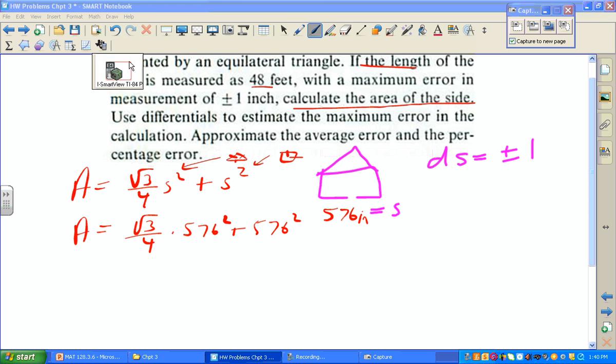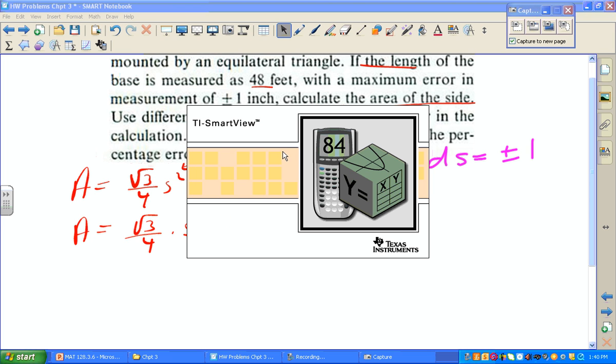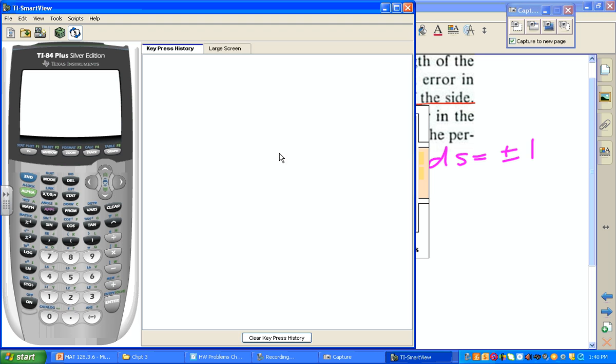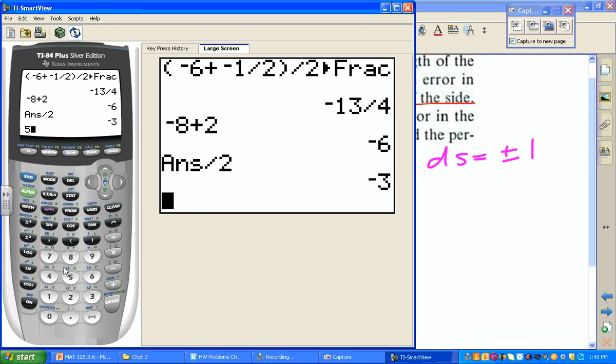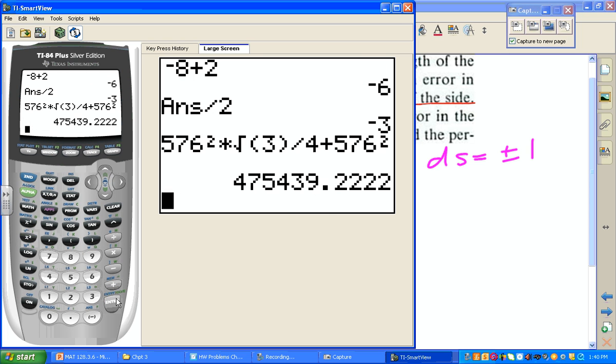I don't know. Doesn't look that difficult. 576 squared times square root of 3 divided by 4 plus 576 squared. Enter.